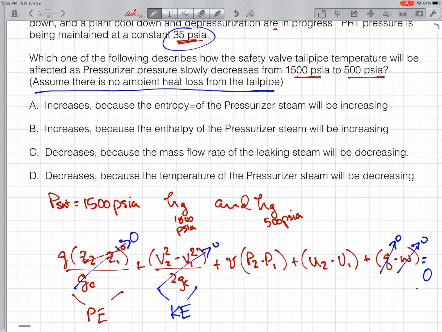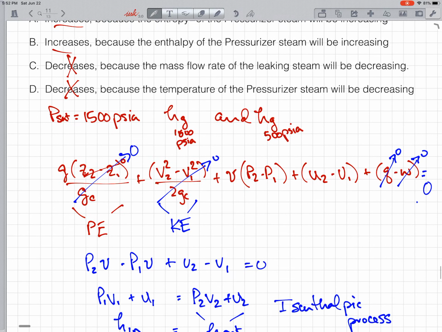All right, so which one of the following describes how the safety valve tailpipe temperature will be affected as pressurizer pressure slowly decreases from 1,500 pounds to 500 pounds? And I'm going to say it does not decrease, it actually increases. So we know that's good. And then, because the entropy of the pressurizer steam will be increasing. Well, that's true.